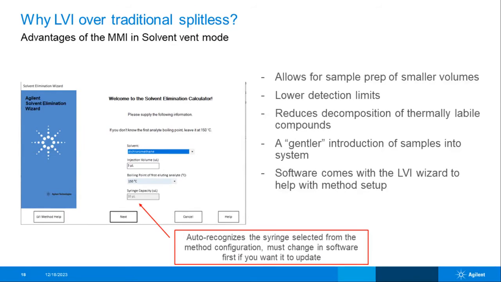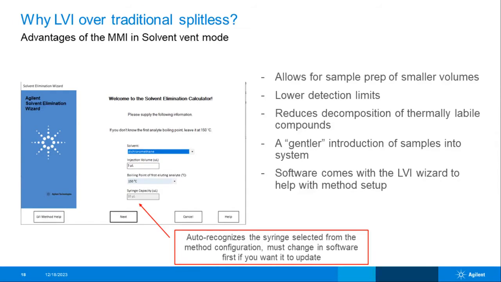So what you're going to do is tell it what solvent you're using, how many microliters you would like to inject, and roughly the boiling point of the first compound of interest. And then because we pulled this up through the software, it's already going to know our syringe size.